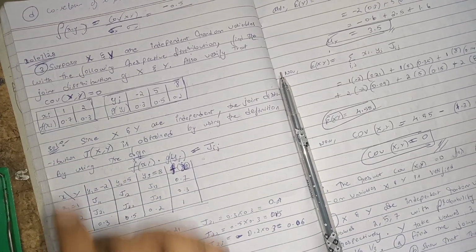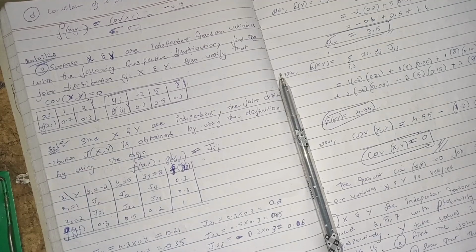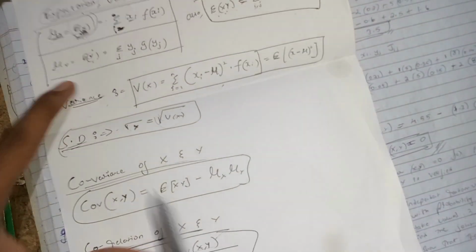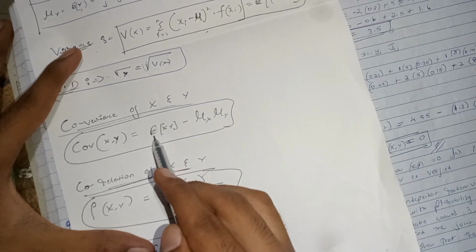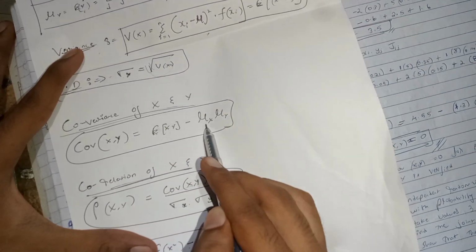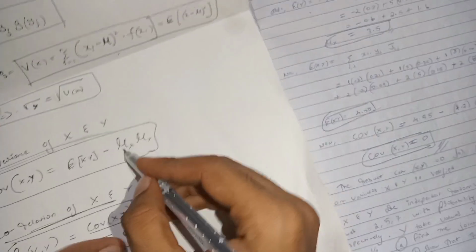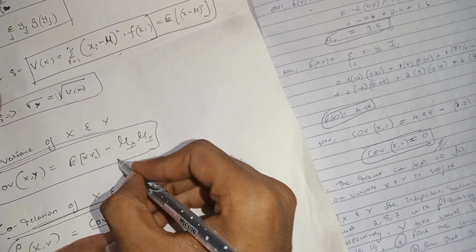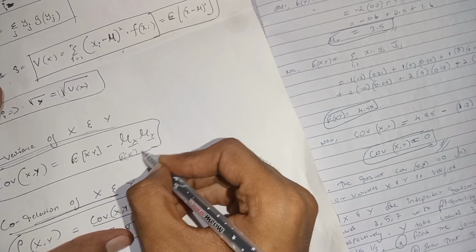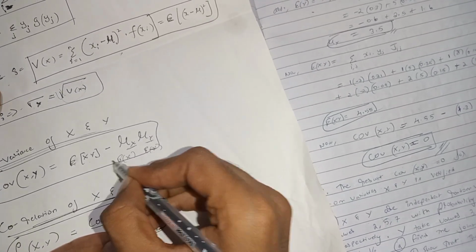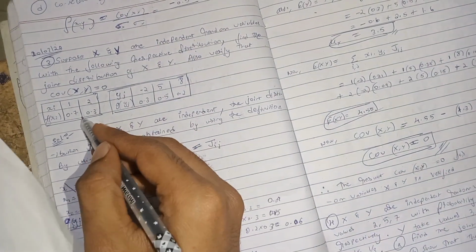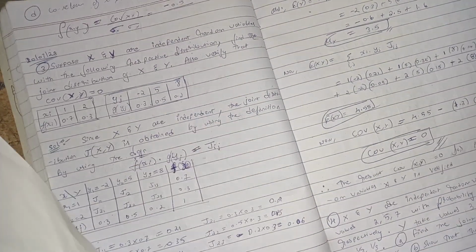Now, what is the formula for the covariance of x comma y? Covariance of x comma y is nothing but E of xy minus mu x into mu y. Mu x and mu y are nothing but E of x and E of y, which can be easily found using the distribution tables of x and y.